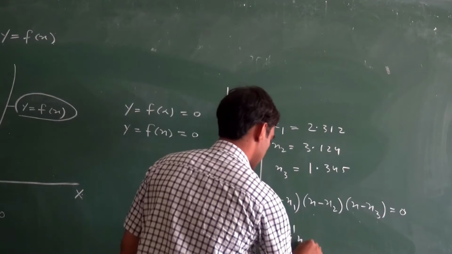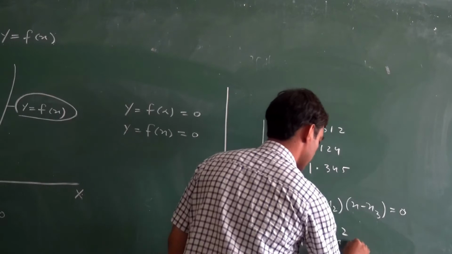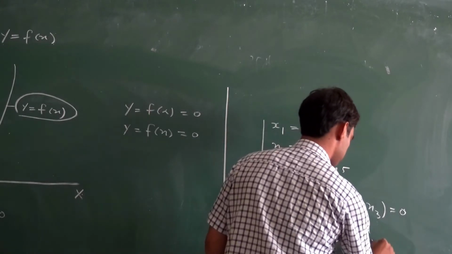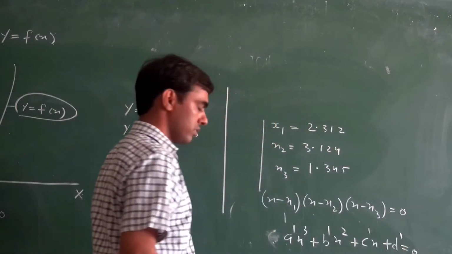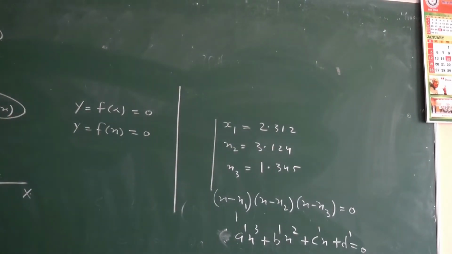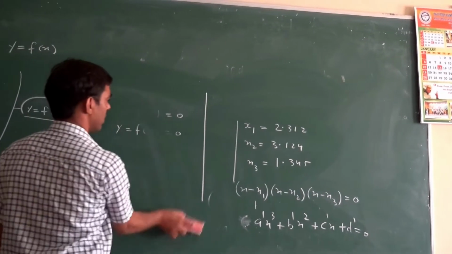After simplification of this, suppose we get a'x cube plus b'x square plus c'x plus d' equal to 0. So by the analytical method, how do we find the solution of an equation?